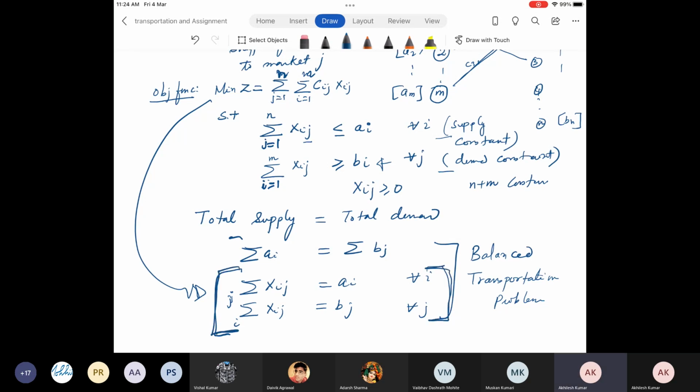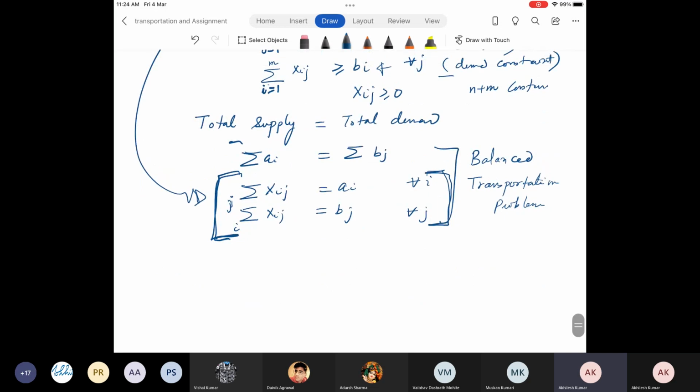Seems you guys are forgetting very fast. These are equality constraints. How do we solve equality constraints? Sir, M plus N artificial variables are required to solve this problem, and that's why it becomes very difficult. But luckily, we have a simpler way to solve the transportation problem.